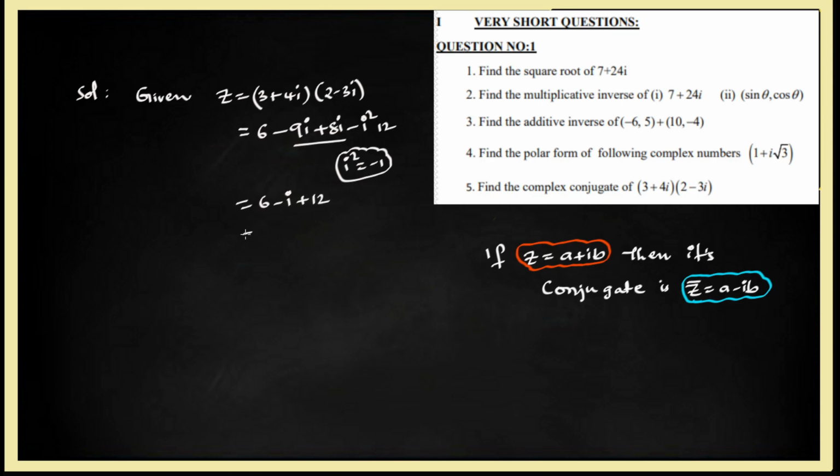So 6 plus 12 is 18, and the i terms give minus i. So our given complex number is 18 minus i, and its conjugate, z bar, equals 18 plus i.